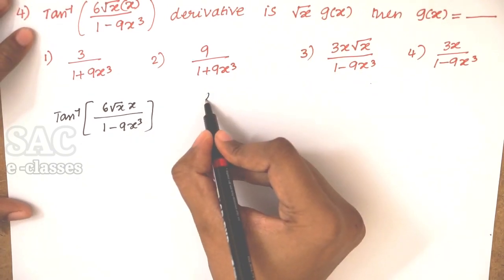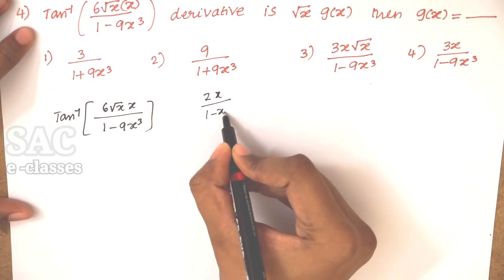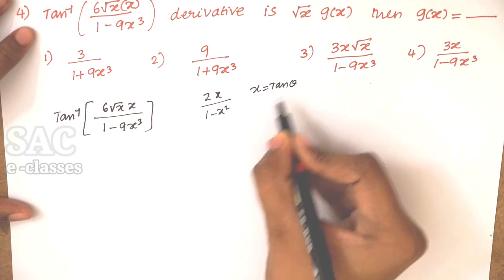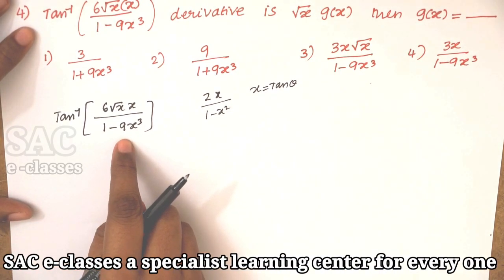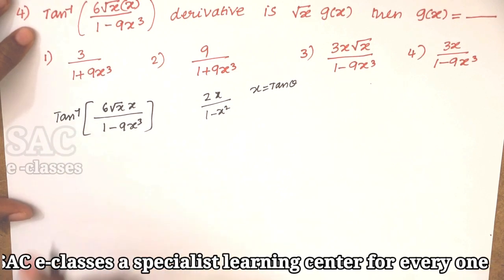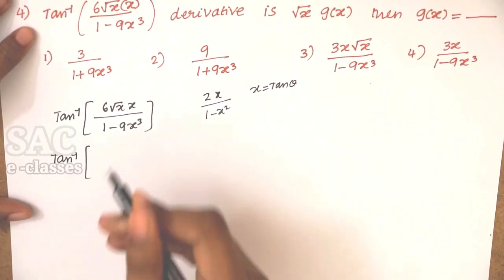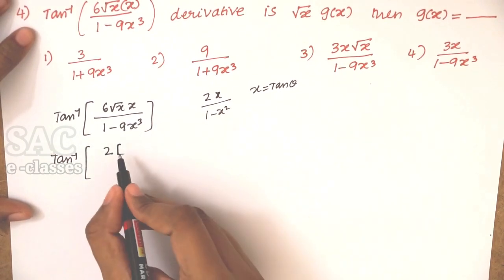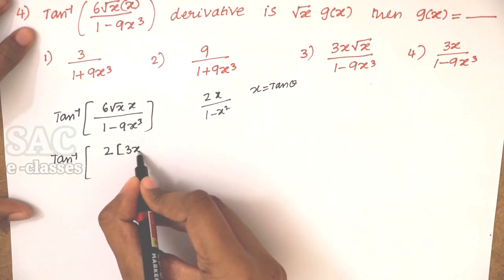I told you if it is in the form 2x by 1 minus x square, x should be taken as tan theta. But now what am I supposed to take to make it in the form of tan? There itself they have given tan inverse. Let me write 2 into something. With what do I multiply to get 2 into something? Obviously 3x root x.